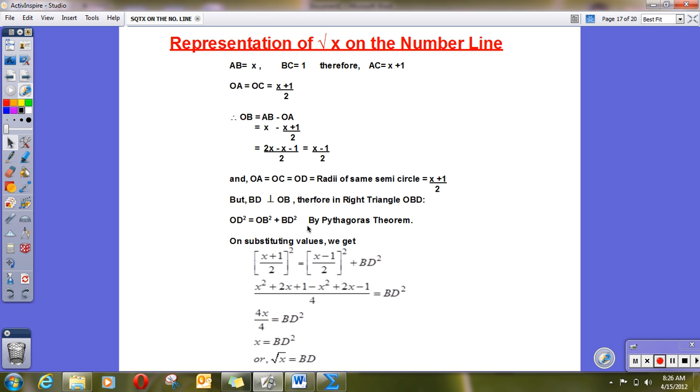On substituting the values, we get OD is ((x plus 1)/2) whole square, OB square, which is ((x minus 1)/2) whole square, and BD square, which we have to find out. On solving, we get x is equal to BD square. If x is equal to BD square, then square root of x is BD, and that is what we wanted to find out.